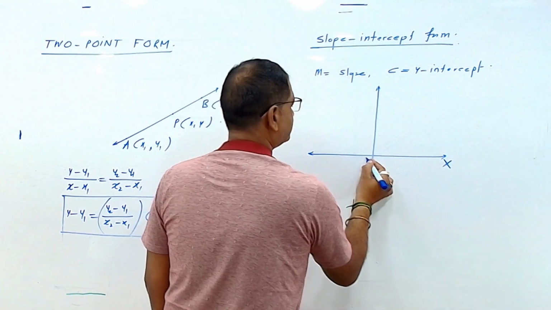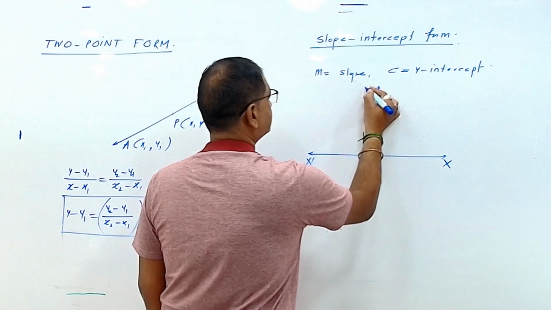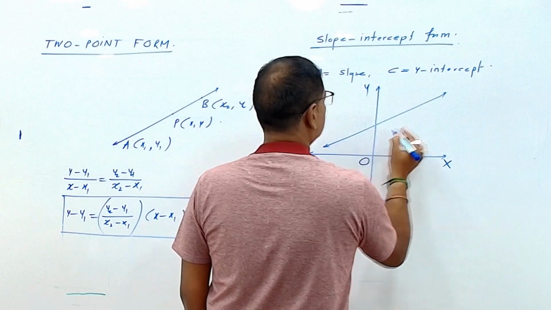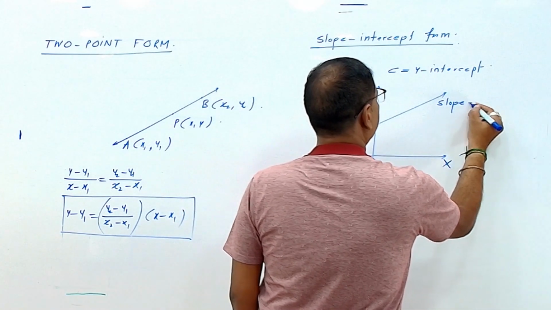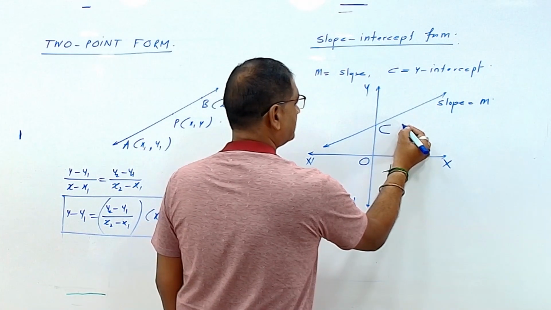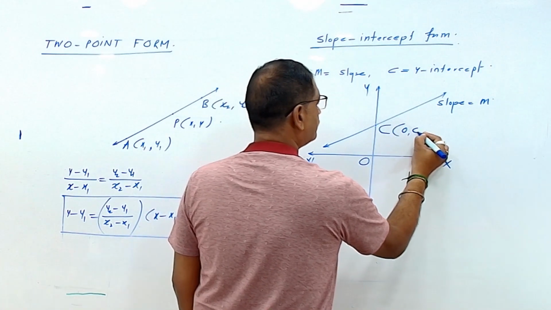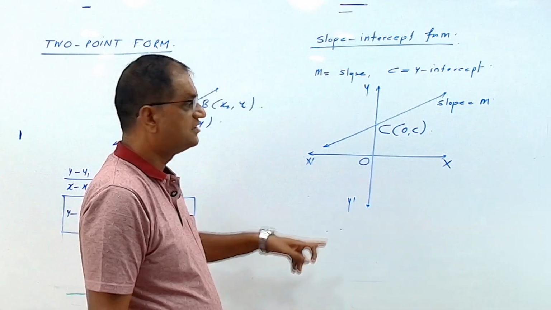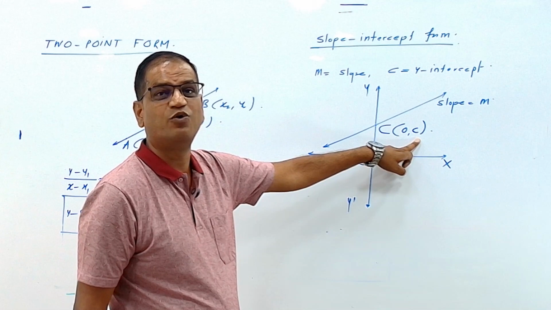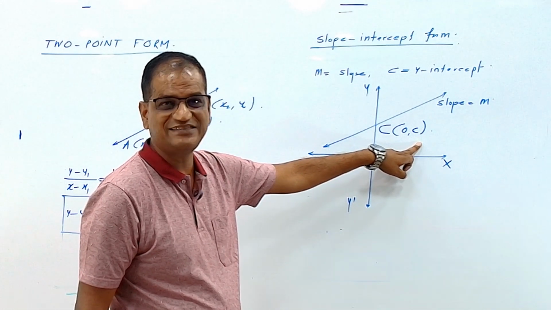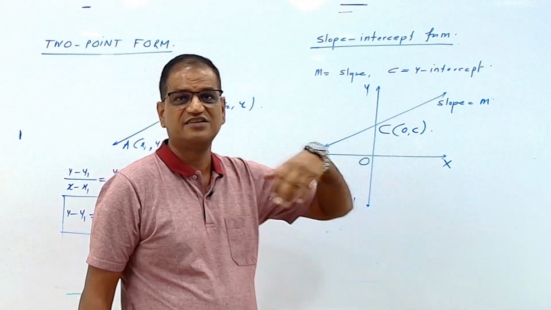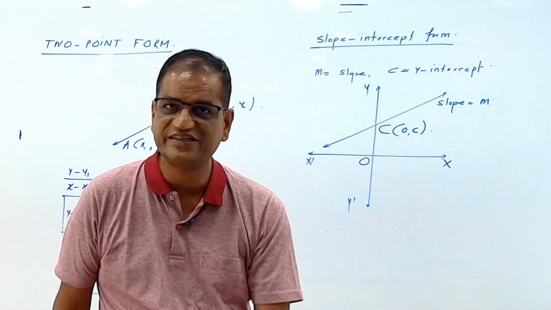Suppose this is the coordinate system, positive x-axis, negative x-axis, y-axis, negative y-axis. And this is the line whose slope is given as m. And this line intersects the y-axis at capital C, having the coordinates 0, small c.